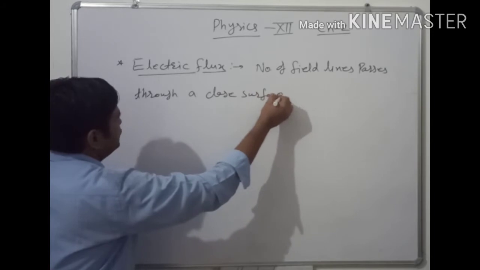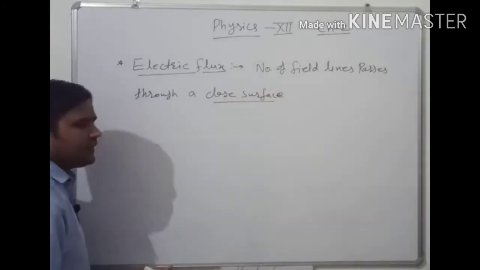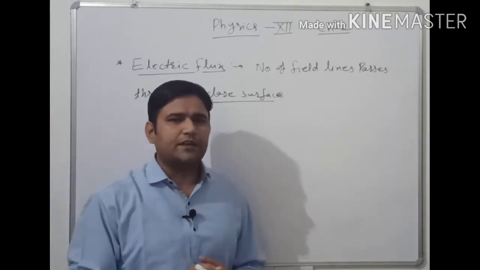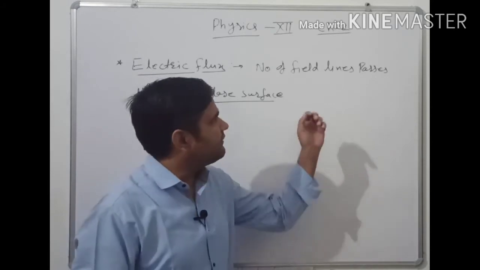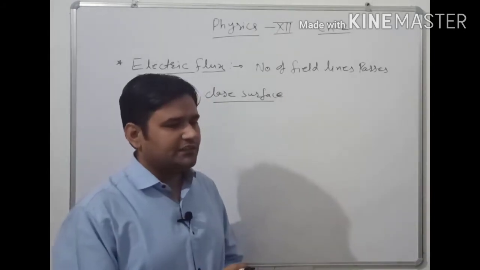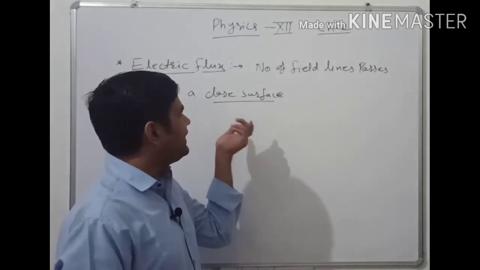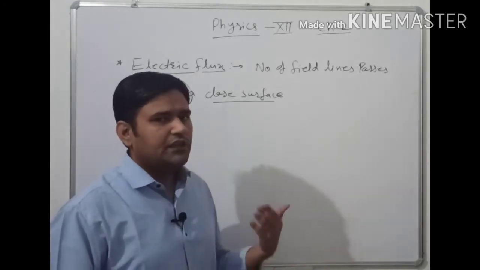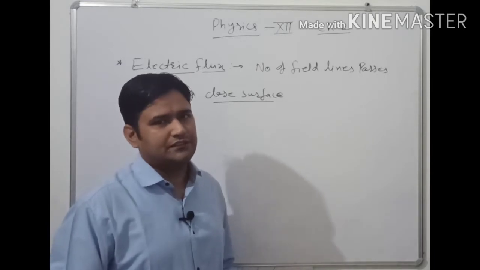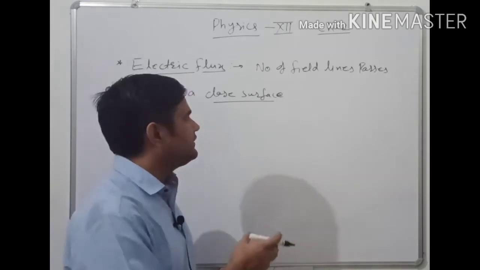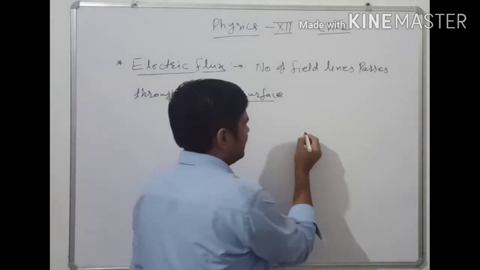It means it is to be the compulsory formulation. We are just to be considering a closed surface and trying to calculate the electric field lines passing through it, and it is also to be considered the electric field lines passes through the closed surface perpendicular into the directions, and we are just to be discussing why we are considering the perpendicular formulations.